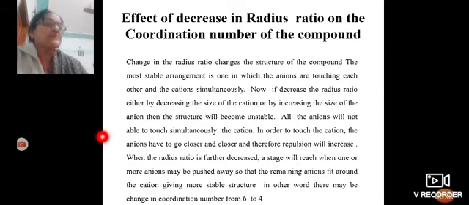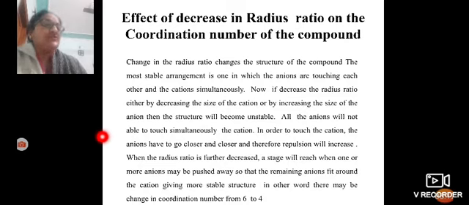All the anions will not be able to touch the cation simultaneously. In order to touch the cation, the anions have to go closer and closer, and therefore repulsion will increase.